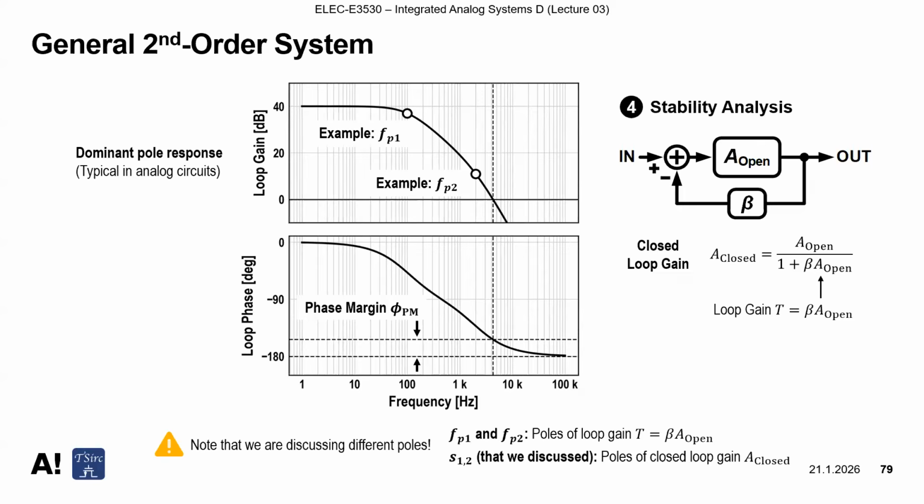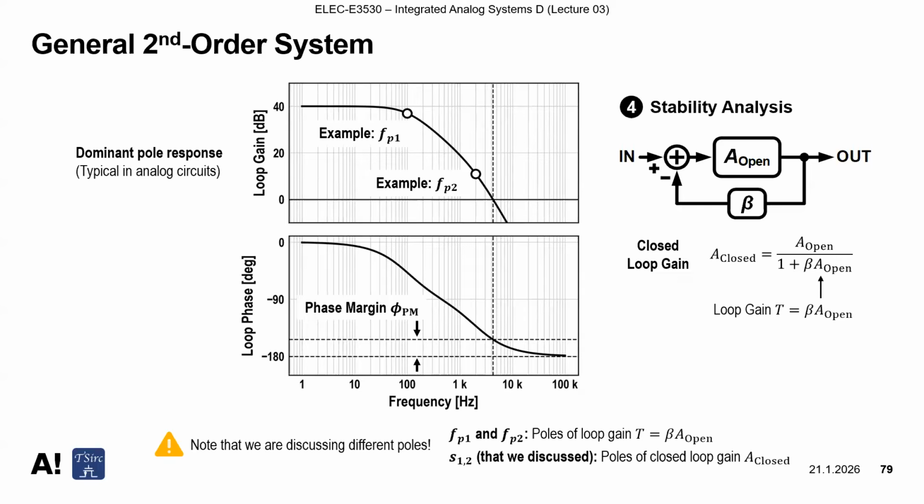Then we have the phase margin, which is defined by the phase response at the frequency where loop gain equals 1, which is 0 dB. The difference between 180 and the phase response at that frequency is defined as the phase margin.